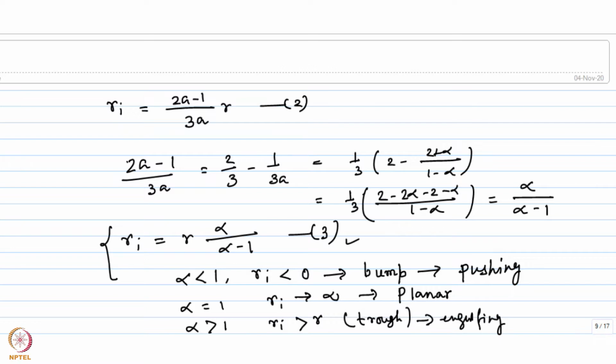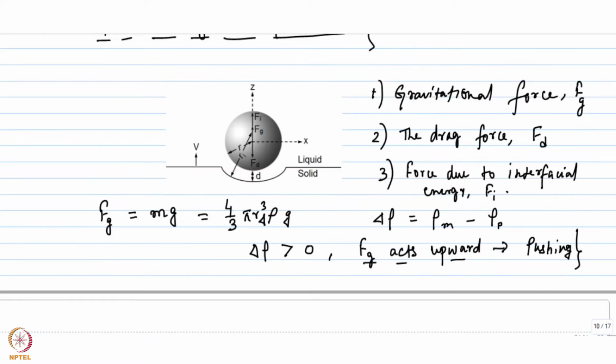Then you have the drag force, which is due to the relative motion between the particle and the liquid metal, and then the force due to interfacial energy. These three forces also have a bearing on the distribution of the particles in the composite material, and how they affect the distribution we have already discussed in the previous class.